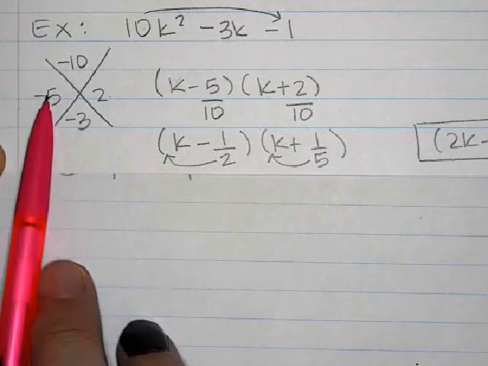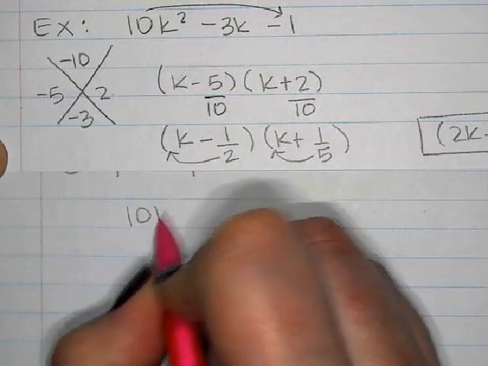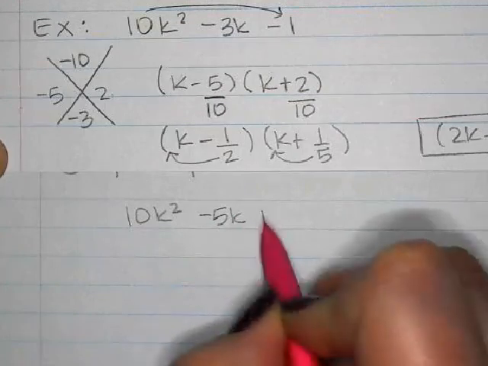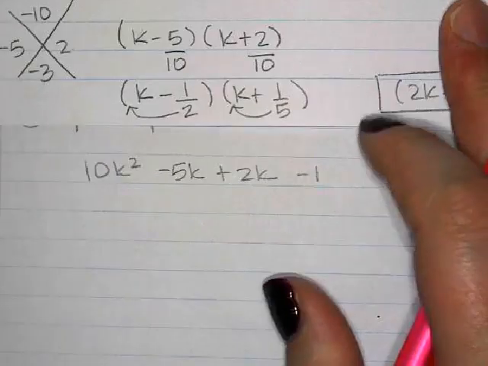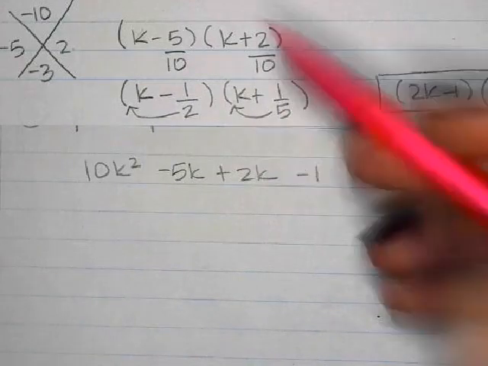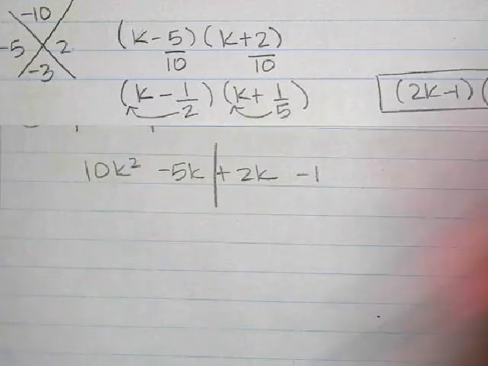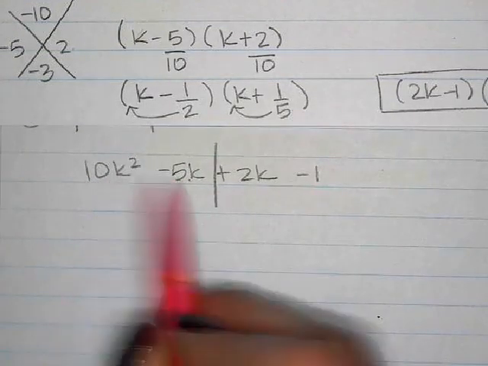And then he would have said 10k squared minus 5k plus 2k minus 1. He would have had you split it into 4 pieces. And then once you split it into 4 pieces, he would have you cut the problem in half like this. And between the first 2 pieces, he would ask you to find the GCF. What's the GCF of the first 2 pieces? 5.